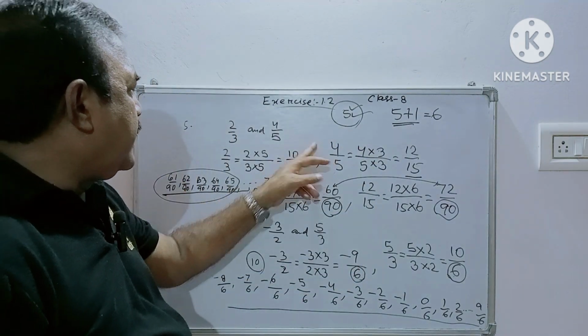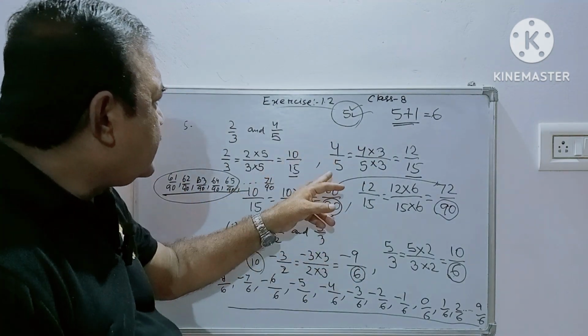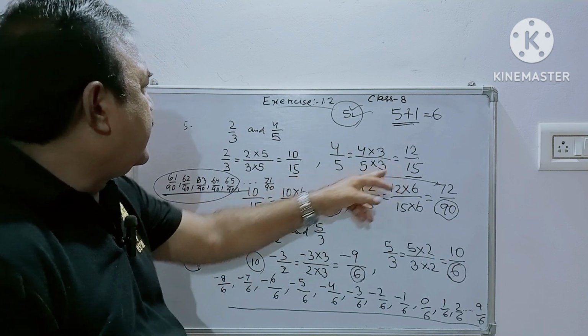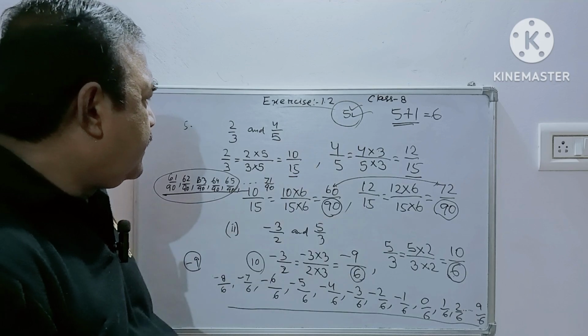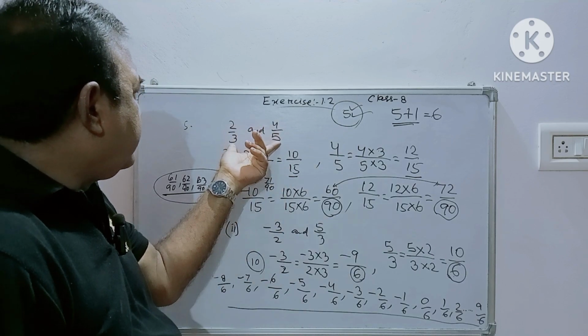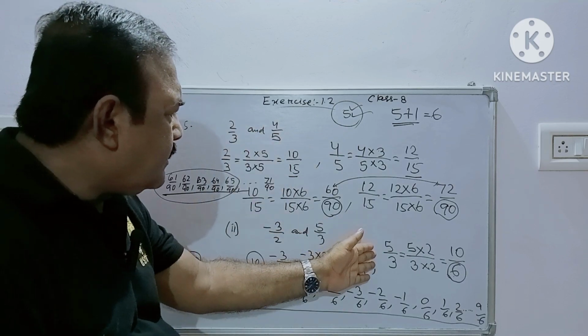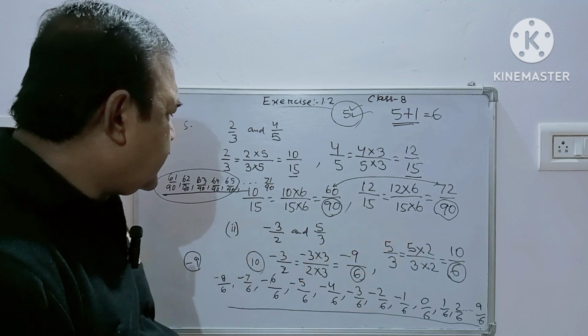But in the earlier case we did it, why? You see, here it was 15. Then from 10 to 12 we could not find our 5. Both were positive rationals, but here one is a negative rational and the other is positive.